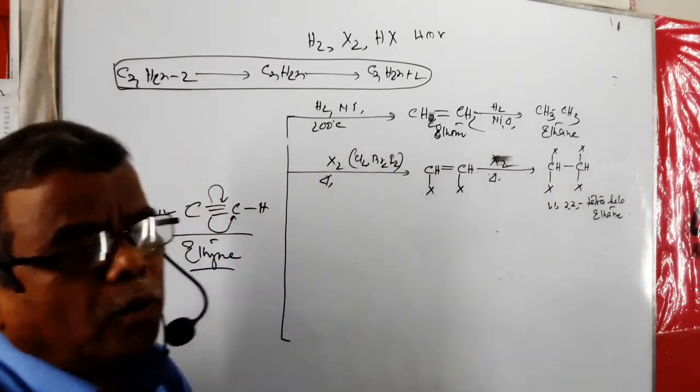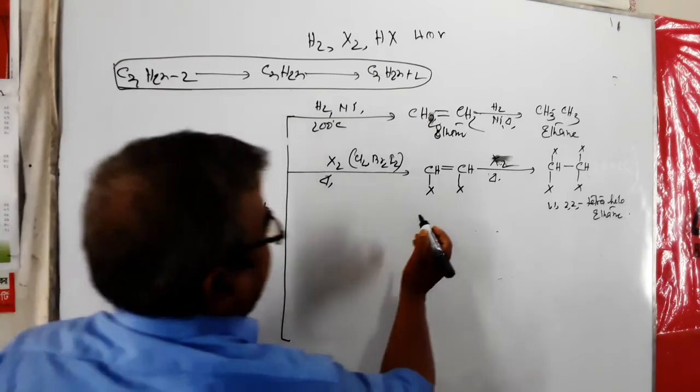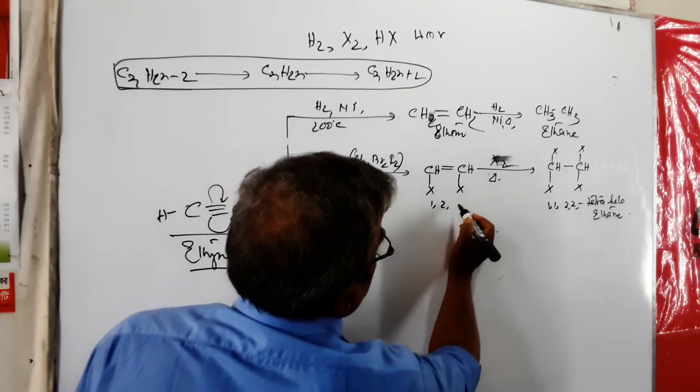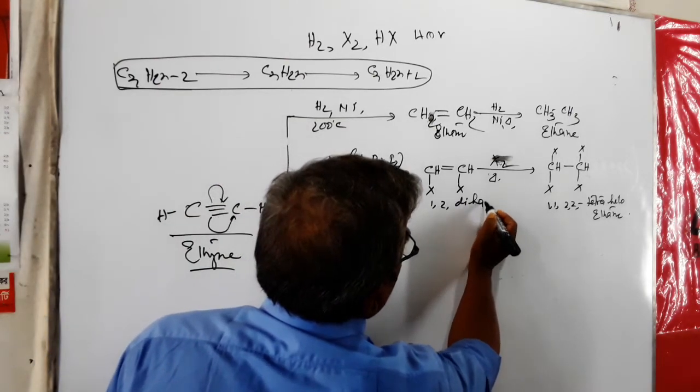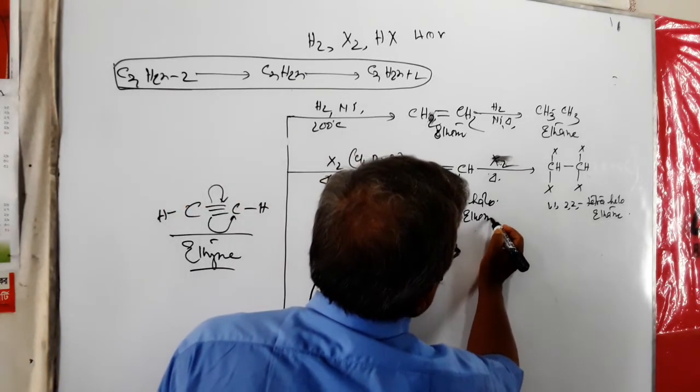A definite compound ethane. And here 1,2-dihaloethene.